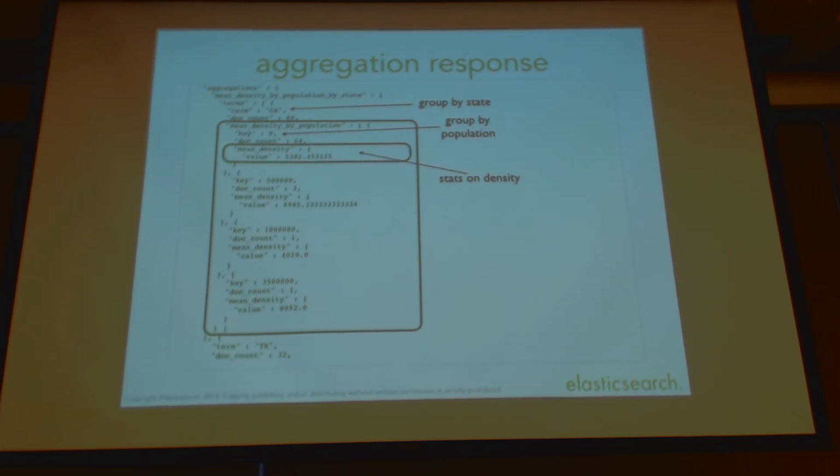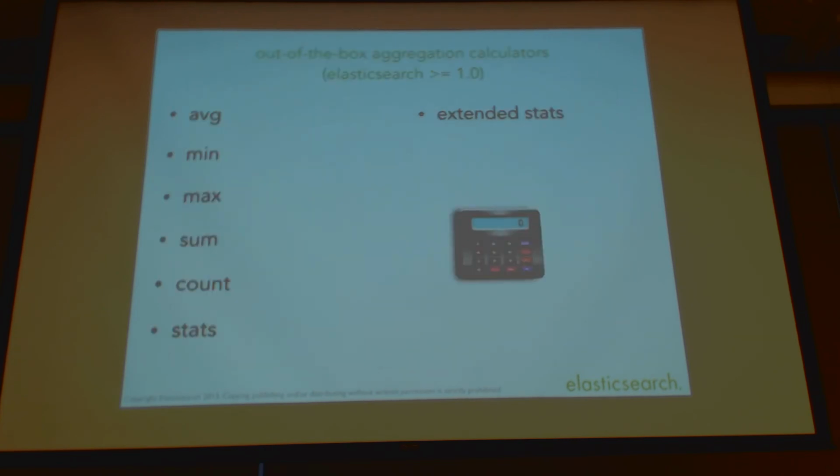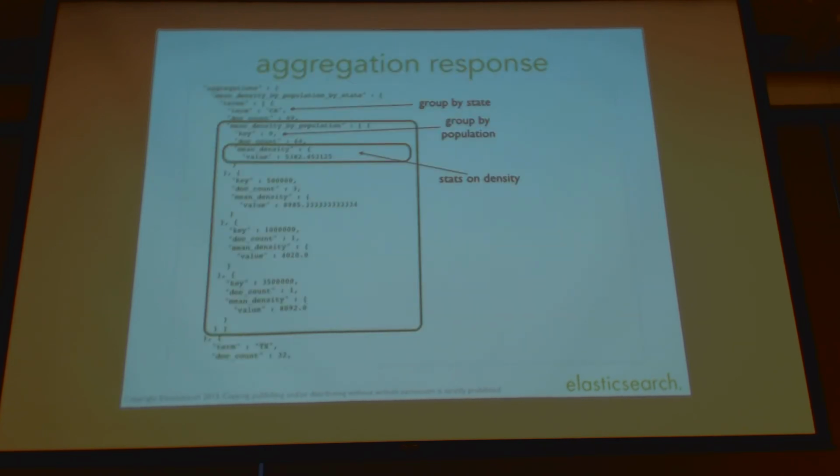And then within population, we've calculated statistics on population density. So for population 0, mean density has a set value, and then we bucketize them based on value ranges. And this can be really powerful and allows us to just arbitrarily ask questions that we might not have been able to ask before.